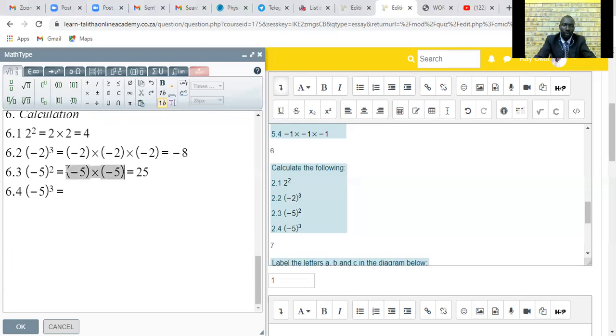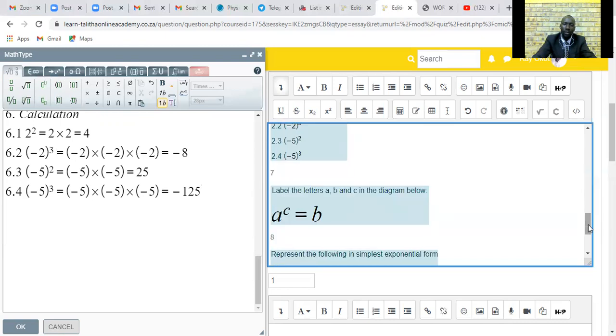So what we are going to have here is -5 times itself 3 times. You see? So we say times another -5, so that they add up to 3: 1, 2, and 3. And so what will this give us? Well, this is going to give us positive 25, and this times this will be negative 125. Yes, that is how we would handle question 6.